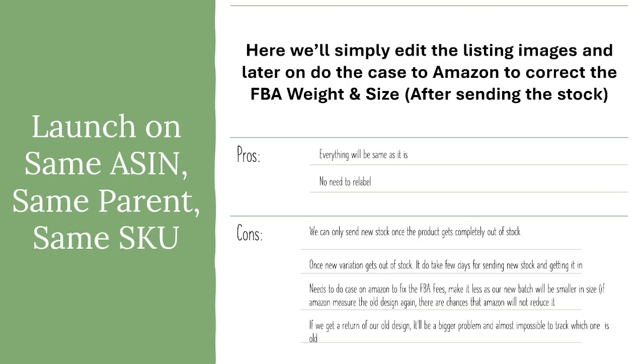Here we simply edit the listing images, do the case, and correct the FBA weight and size, etc. Everything stays the same, like previous reviews and our ranking, but the ranking will be slightly affected, because when we send the new stock, we need to be out of stock on the old design. If we send both stocks at once, they will get mixed up, so we can only send the stock once the product is completely out of stock.